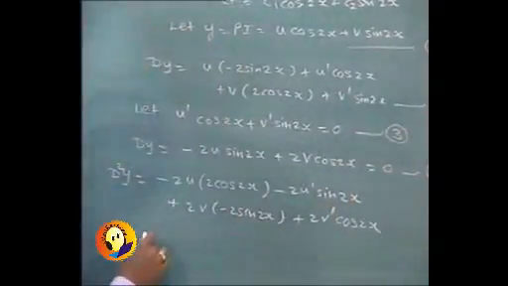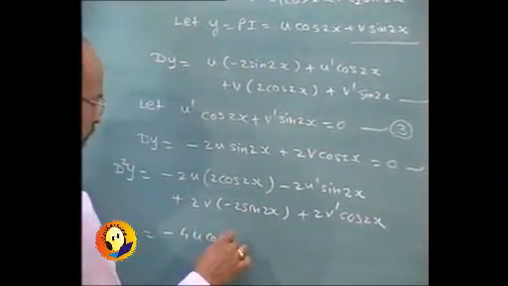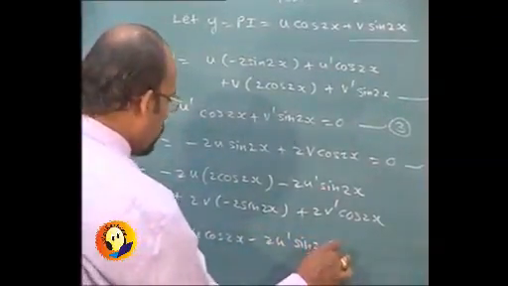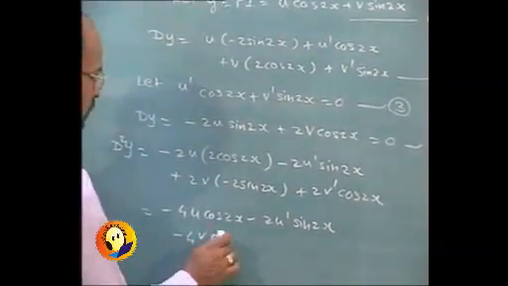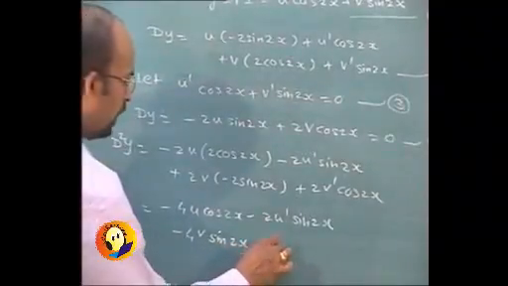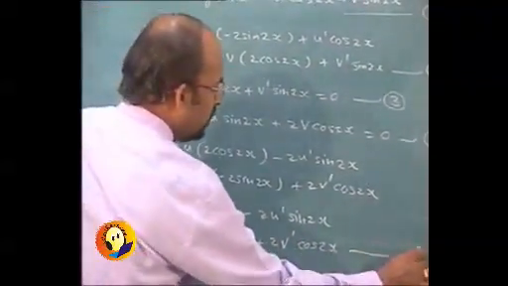I am just rewriting it. So it will be minus 4u cos 2x minus 2u dash sin 2x minus 4v sin 2x plus 2v dash cos 2x, which is our equation number 5.